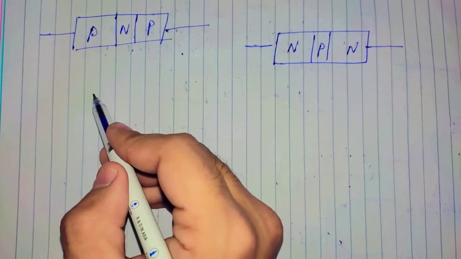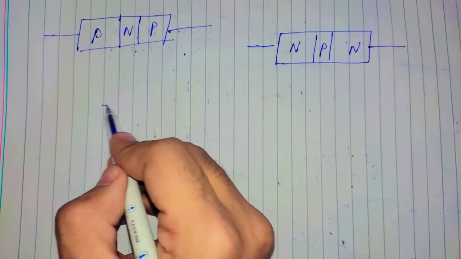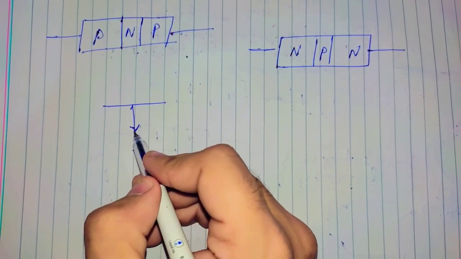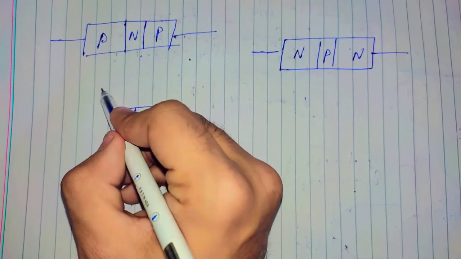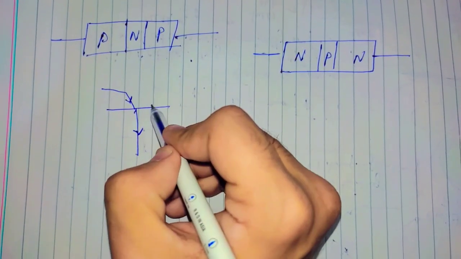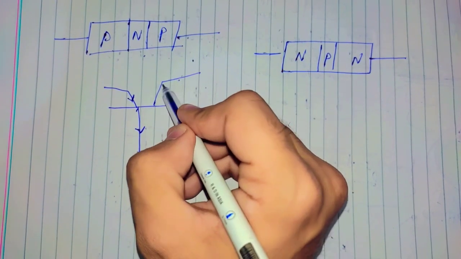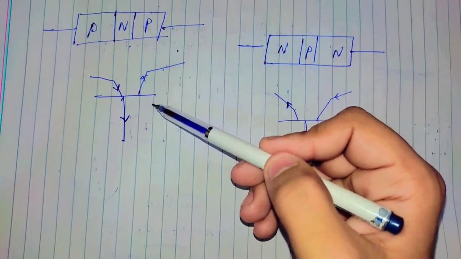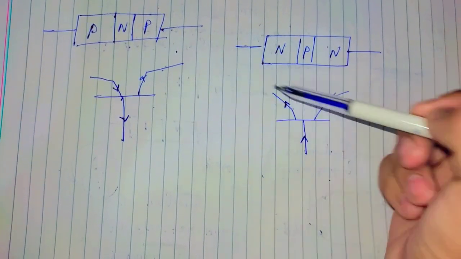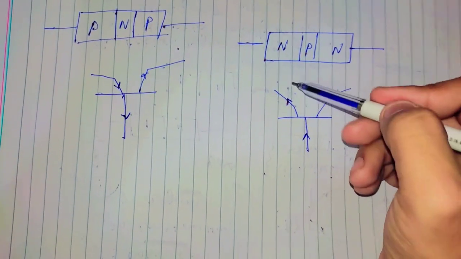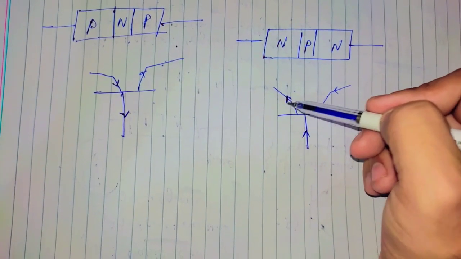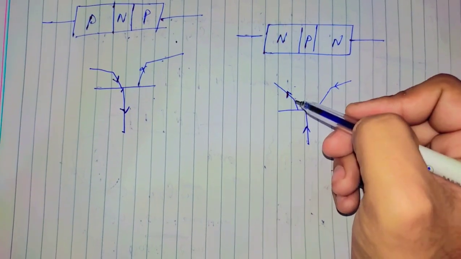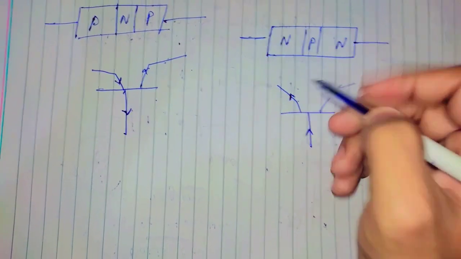Let me draw these two symbols for you. This is the base and the arrow is going outside. This is the circuit symbol for PNP and this one is for NPN. What are these arrows representing?